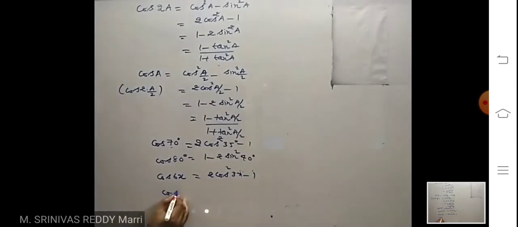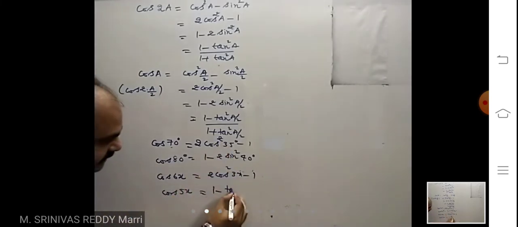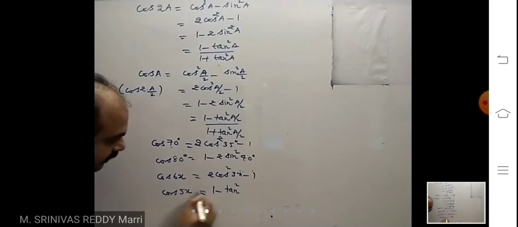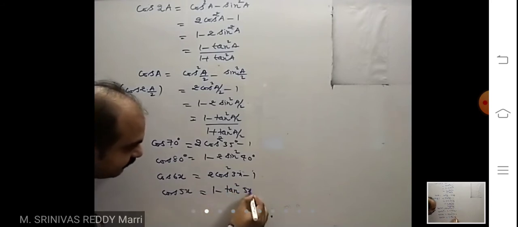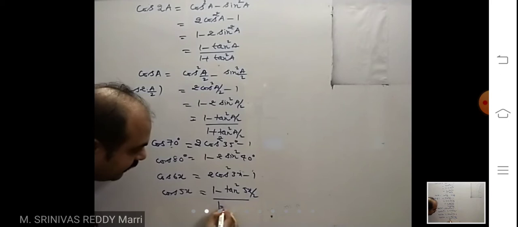Suppose I want to write cos 5x in terms of tan. The formula is 1 minus tan square, half the angle, that means 5x by 2, divided by 1 plus tan square 5x by 2.